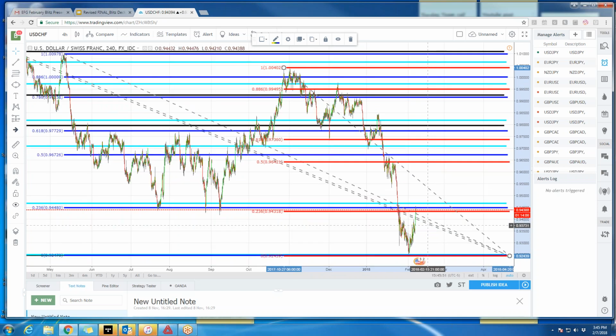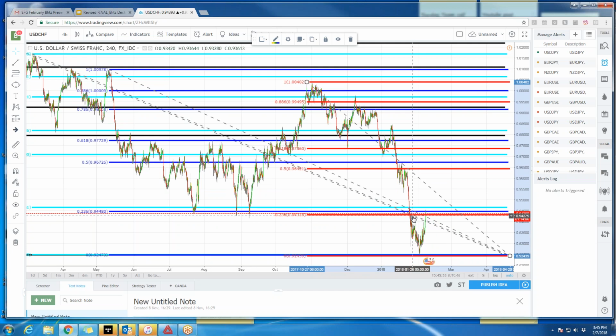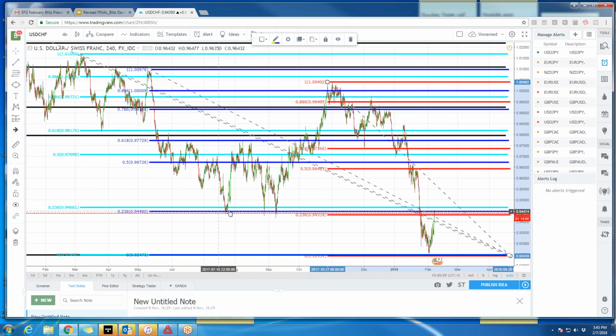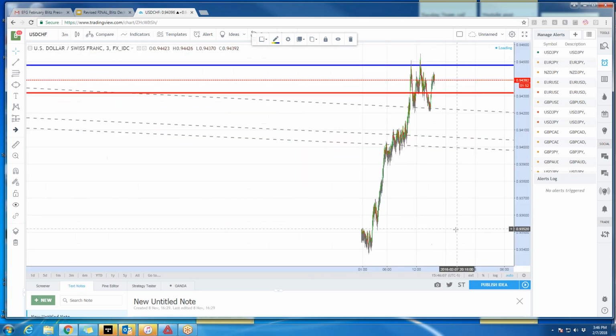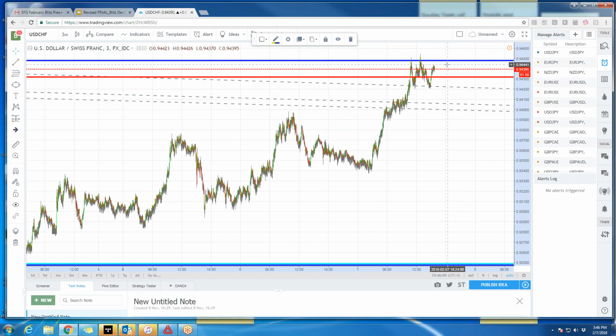This USD CHF might run all the way back up to the 50 mark and come retest, but it was a strong support. So this is a strong resistance zone right here. And once again, we just want to see what it's going to do. Is it going to break out?